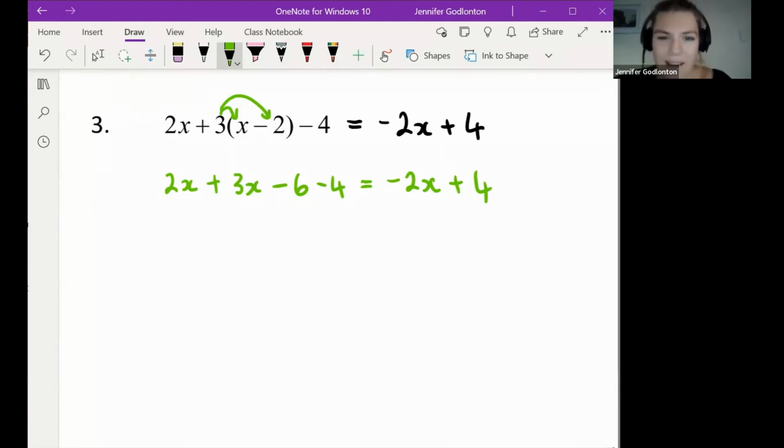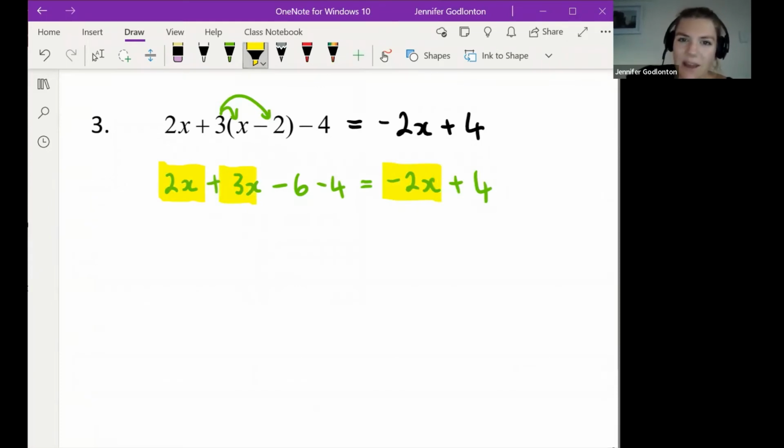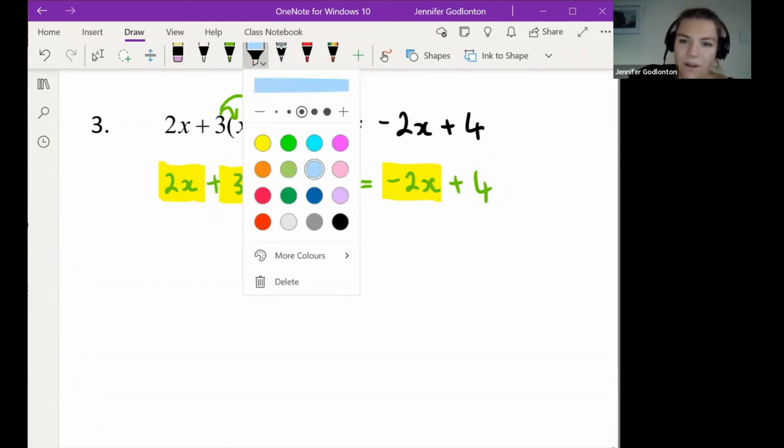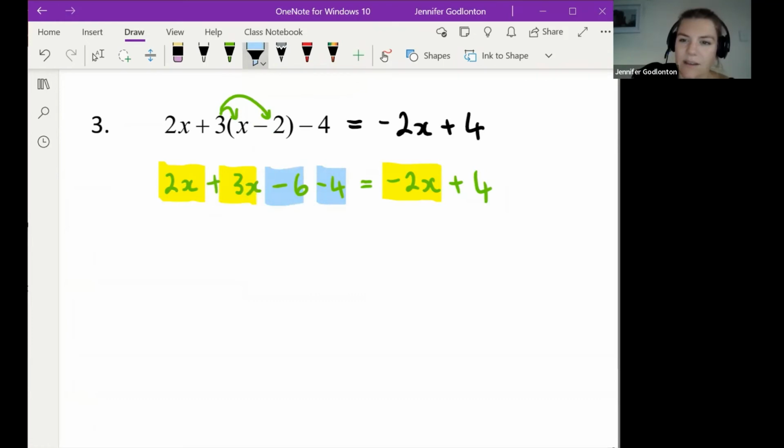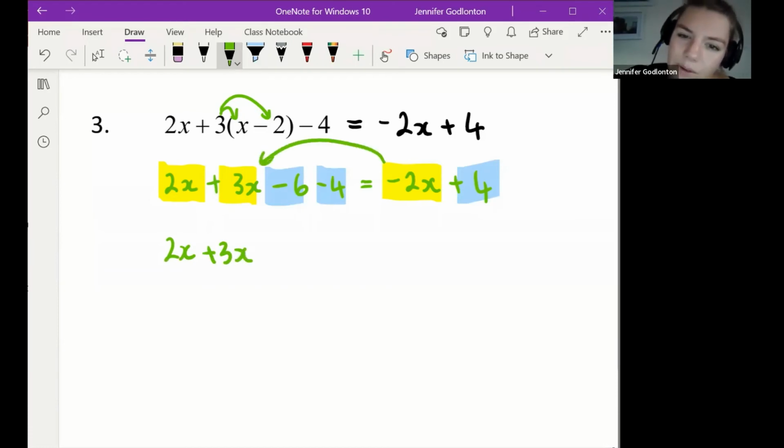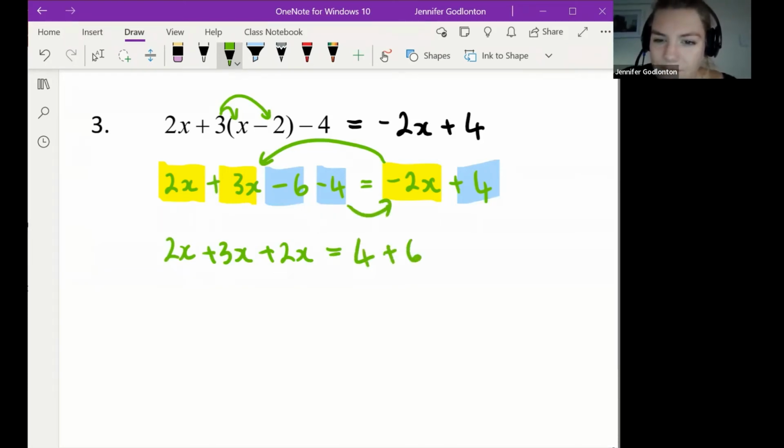Good. Okay. Let's now find our things that are the same as each other. So we've got x's over there, and then we've got our numbers over here. Okay. So tell me what's going to happen now. Ma'am, you're going to write on the left-hand side 2x plus 3x plus 2x, equals 4 plus 6 plus 4.